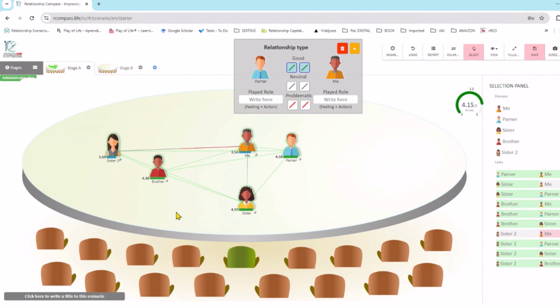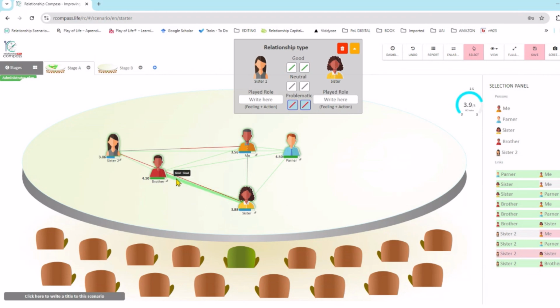So let's go now to among them. How is it between your two sisters? How do they feel? Between the two sisters and my partner. No, between the two sisters. Oh, between the two sisters. Both problematic.